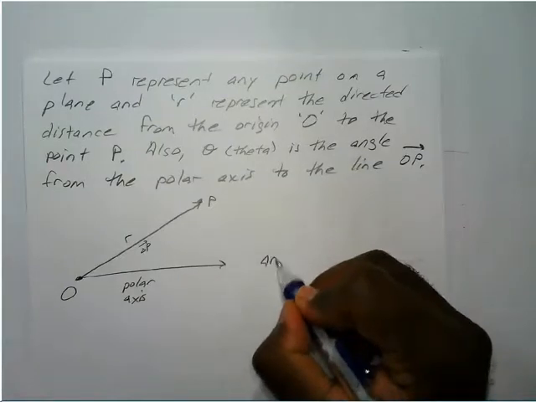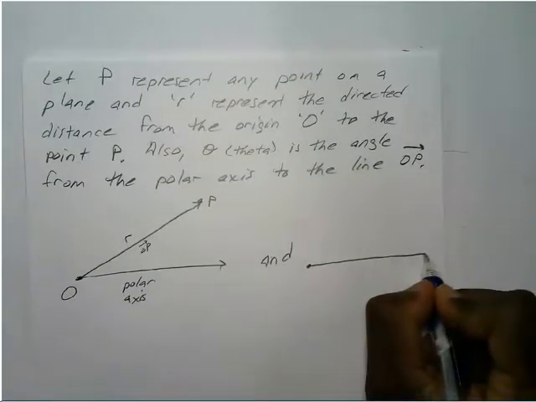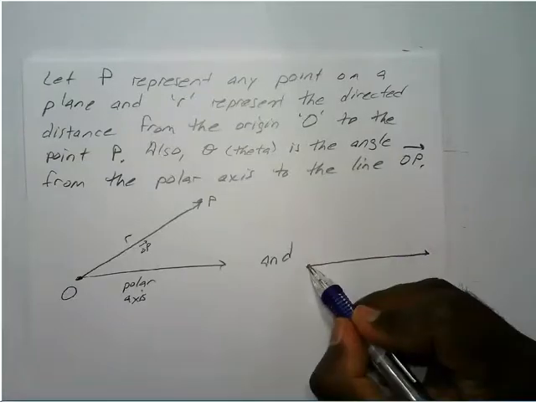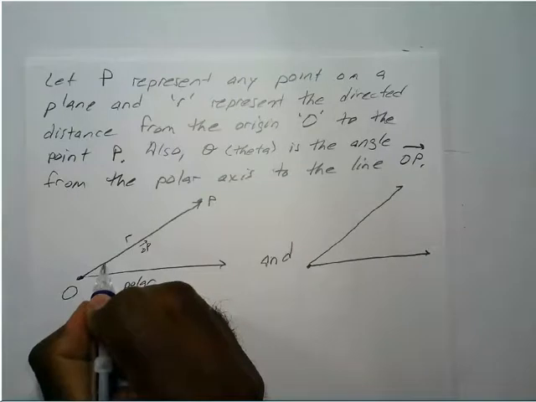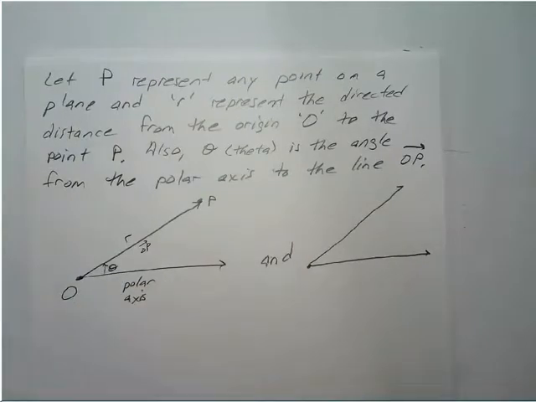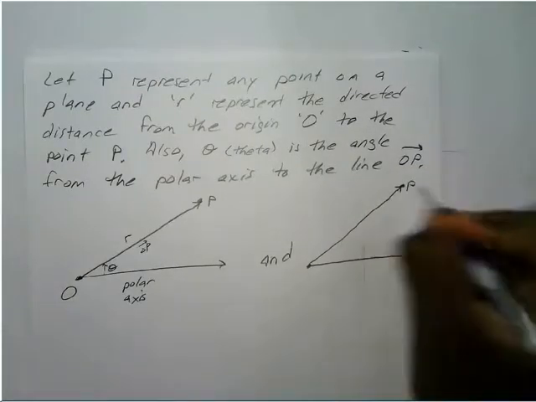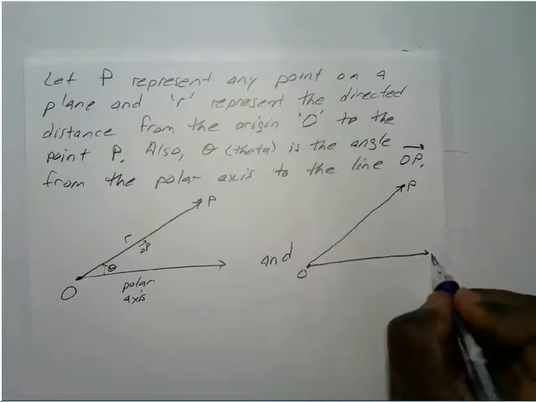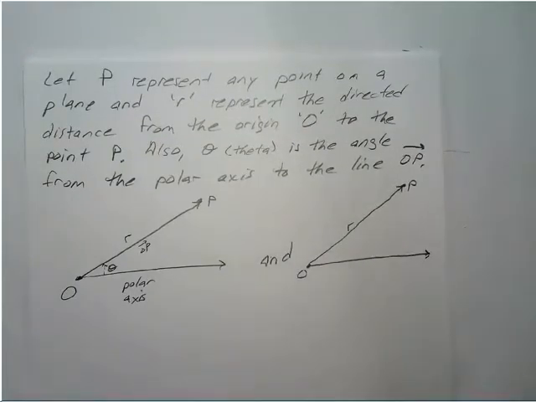Alright, and let's say just for a little extra, oh, forgot my θ. This is your θ. Okay, so what if we also had some point P, O here, and this is our directed distance.